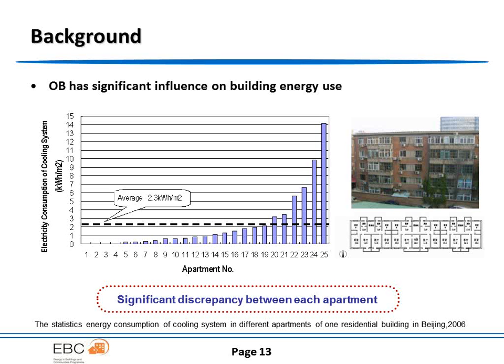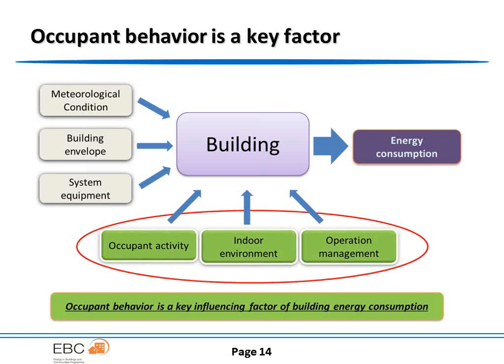So basically, when we look at buildings, there are many driving factors, whether we do simulation or look from the design perspective. These three boxes here relate to occupants' activity, the indoor environment and comfort criteria, and how people operate buildings and do energy management, which has a significant impact on building performance.